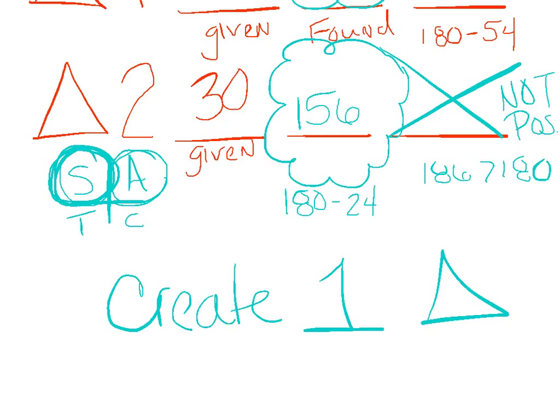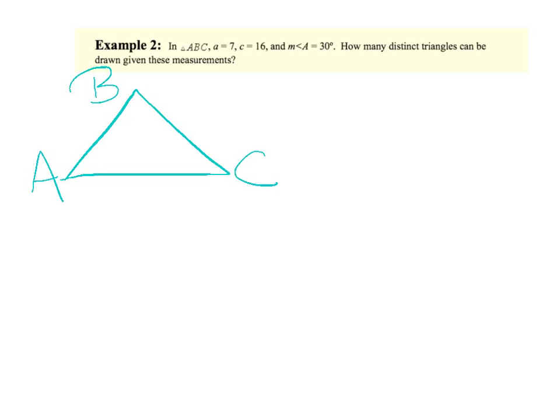Now, if you didn't exactly follow where I got those numbers from, pause it, rewind it, and we'll try another example. Example 2. In triangle ABC, so let's get set up. Side A is 7, C is 16, and angle A is 30. How many distinct triangles can be made?